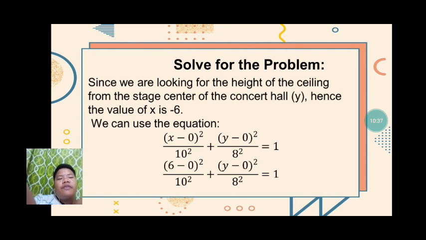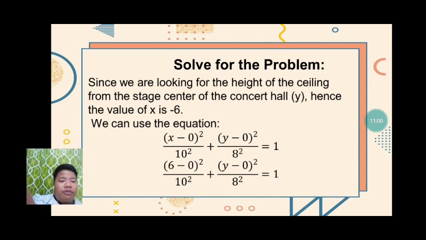Since we are looking for the height of the ceiling from the stage center of the concert hall, which is our y, the value of x is negative 6. We can use the equation x minus 0 squared over 10 squared plus the quantity of y minus 0 squared over 8 squared is equal to 1.